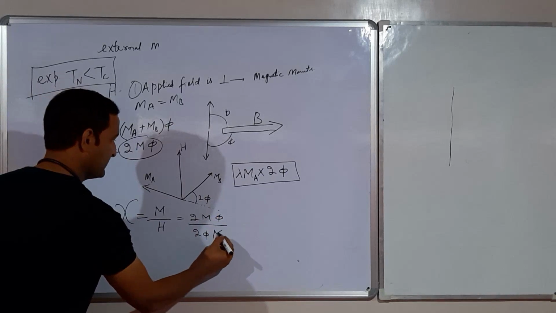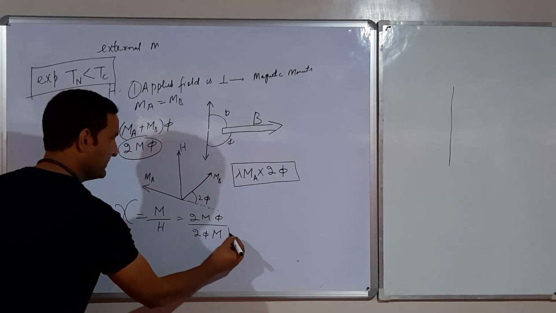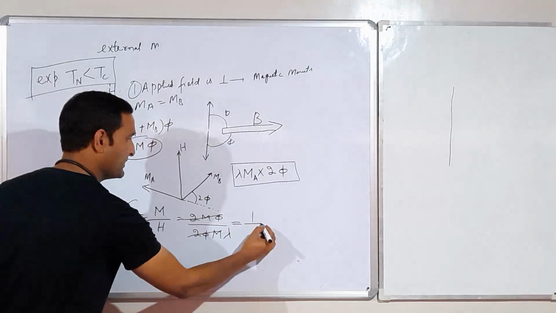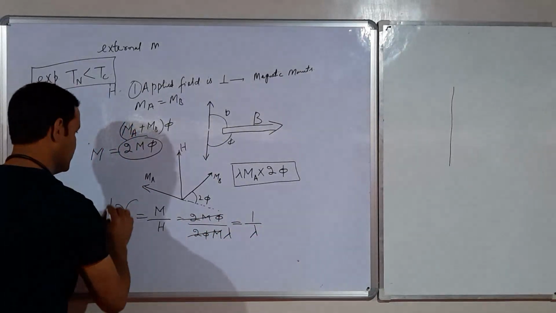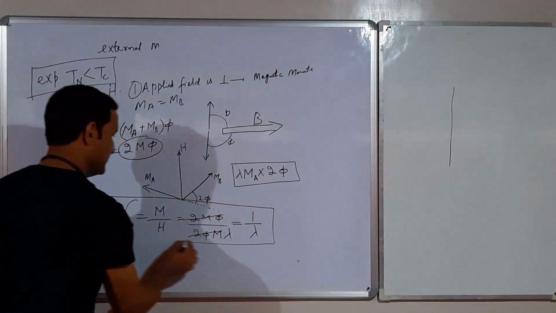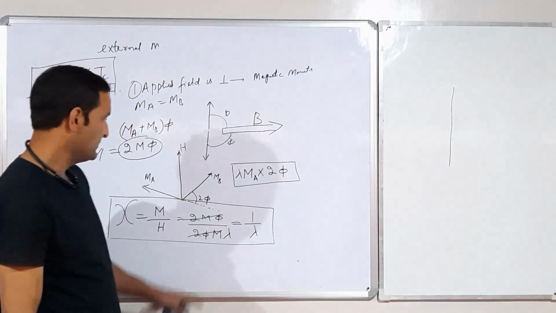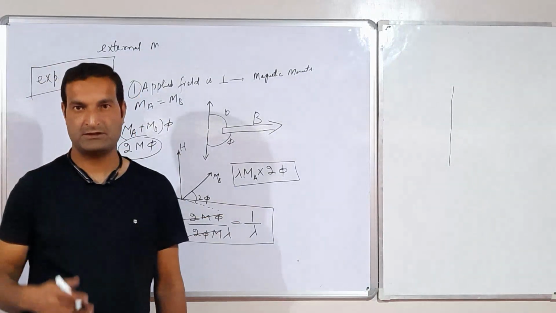That is M, multiplied by lambda. So this and this will cancel, and there remains only 1 upon lambda. So the magnetic susceptibility in the perpendicular direction will be equal to 1 divided by lambda, which is constant.